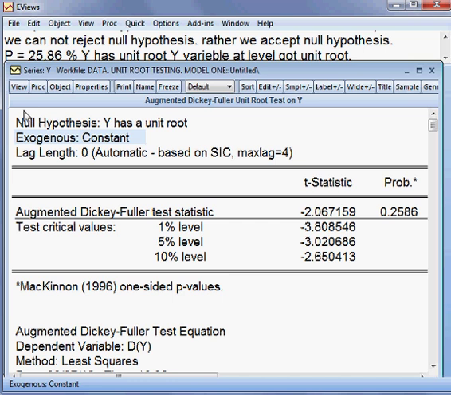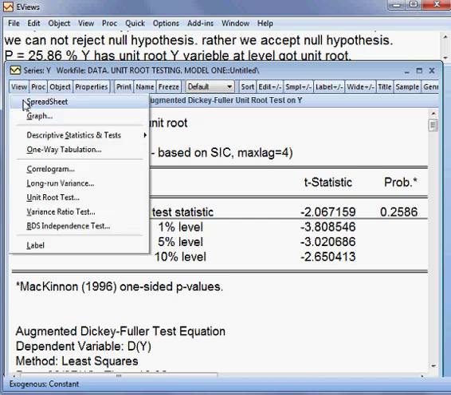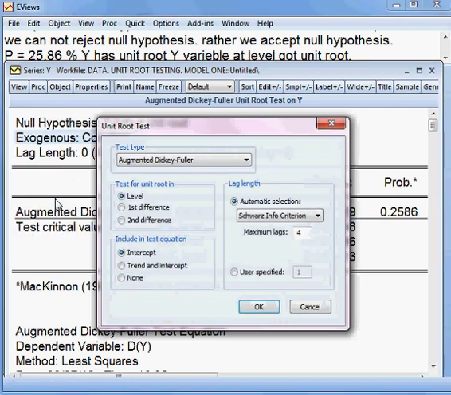Okay, so I proceed for the second model. I go to view, I click on view, unit root test. So the second model is trend and intercept, right? Trend and intercept, meaning trend and constant.